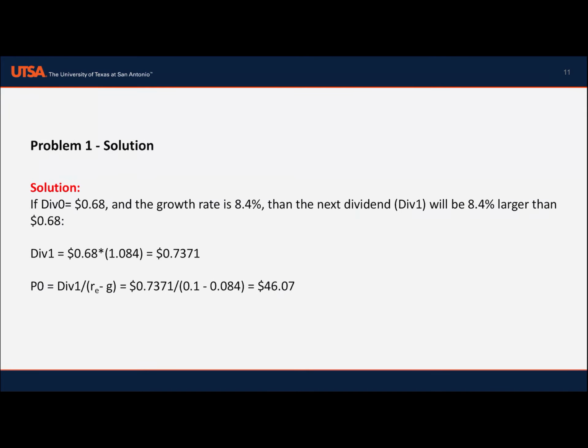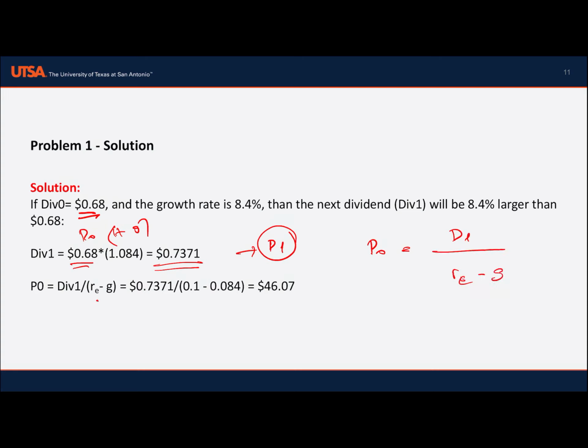The solution is, we have the 0.68 dividend multiplied by 1 plus the growth rate, which is 1.084. So we have 0.7371 as the dividend paid at time 1. So price 0 equals the dividend at time 1 over the return on equity minus the growth rate.